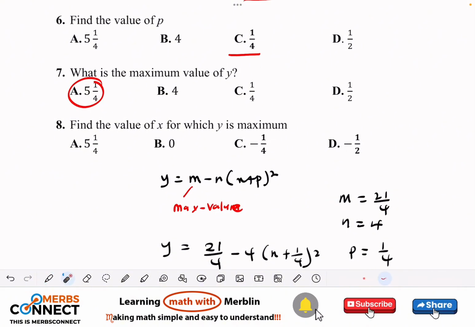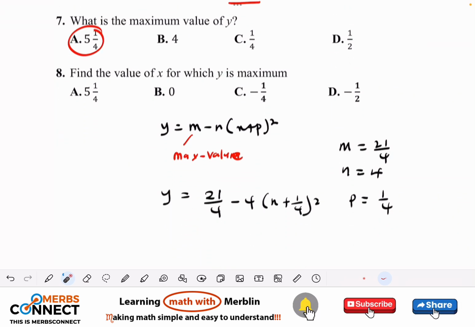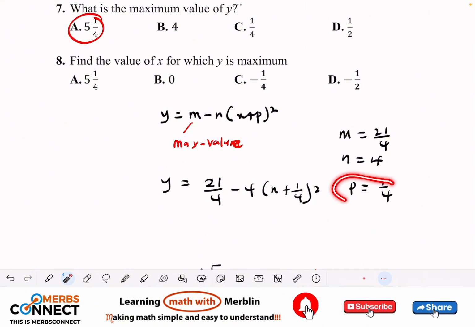Then, find the value of x for which y is maximized. Actually that one is not p, but what we call the axis of symmetry. So we need to pick what's in the middle here and equate it to 0.